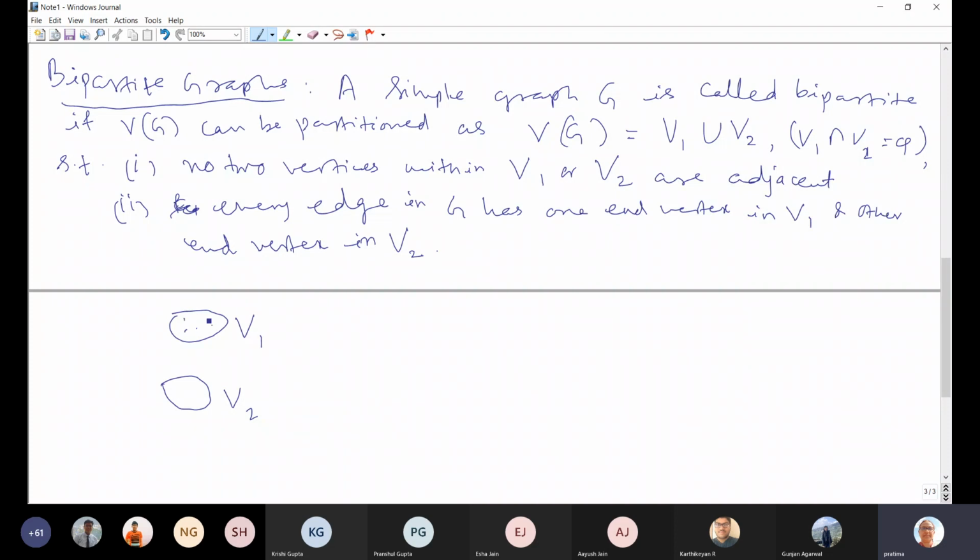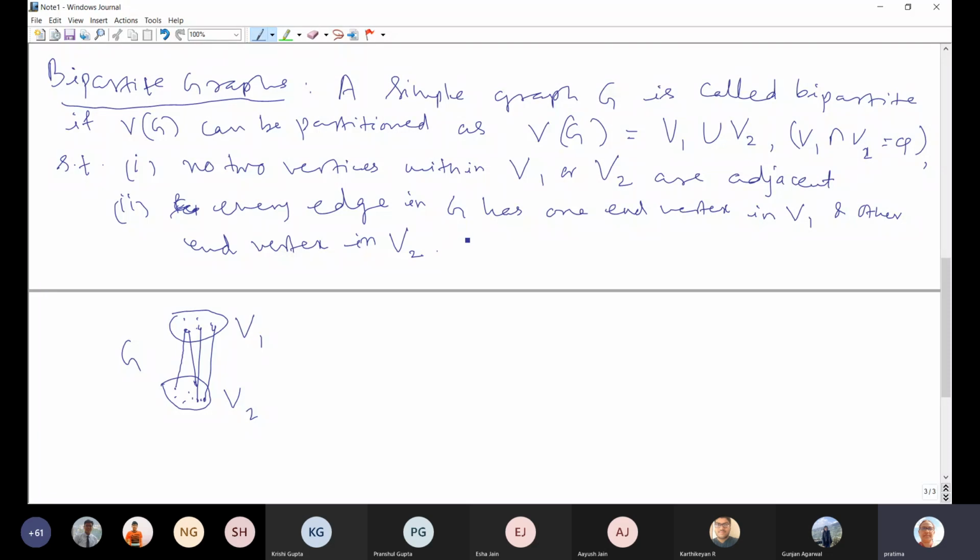So here are some vertices that we should be able to partition so that no two vertices within V1 are adjacent, and no two vertices within V2 are adjacent. If at all adjacency is there, it will be between these two parts. You should be able to express the graph G in this fashion.